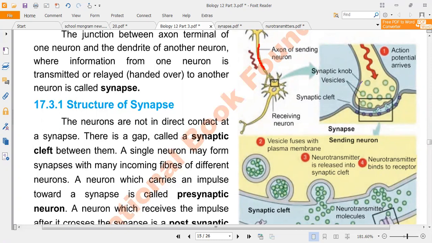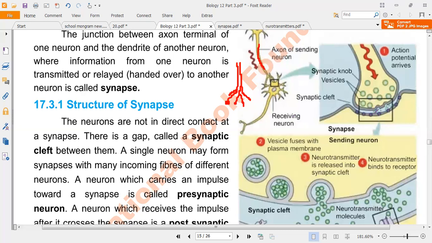The axon has axon terminals at the ends, and these terminals look like this, and at the end they have a knob-like structure. These are called axon terminals or knobs. These terminals are not in direct contact with the next neuron or the dendrites of the next neuron.